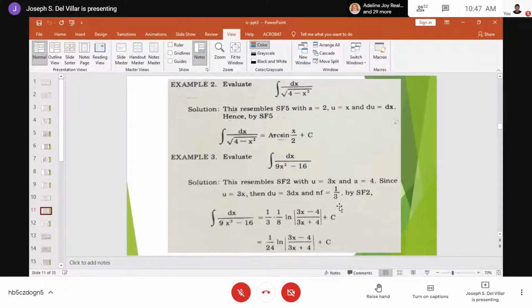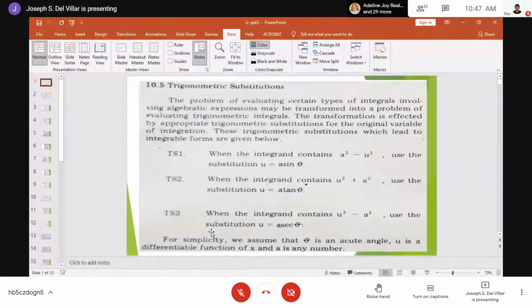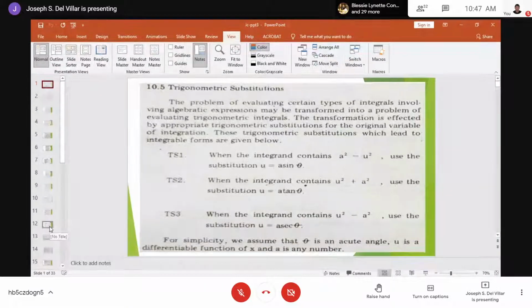Do the substitution. That is case number 3, u squared minus a squared. So you let u be equal to a secant theta. That is your substitution, and then draw a right triangle. Okay, start now.